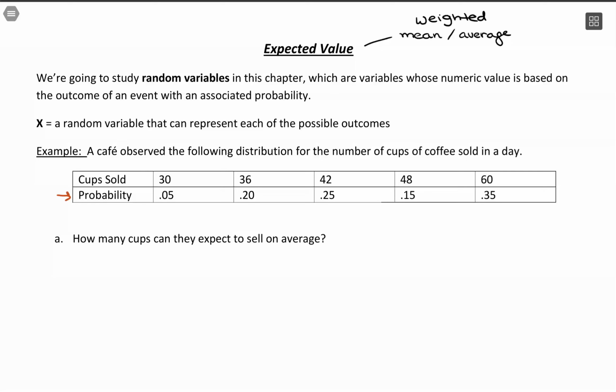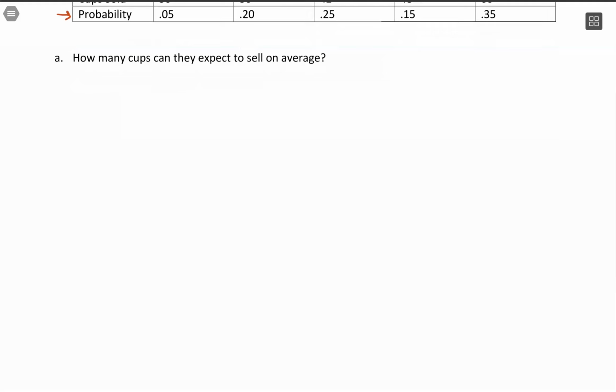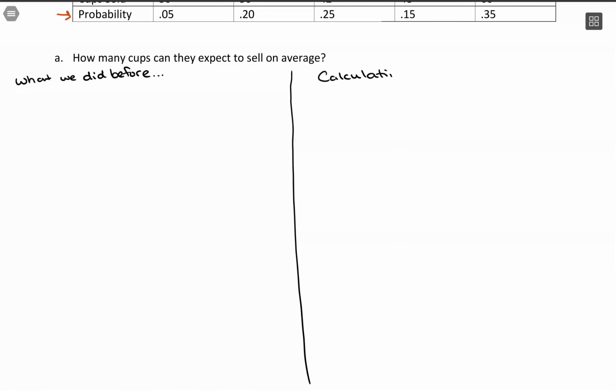So let's look at a comparison of what we usually did to take an average and how it's going to change in this section. I'm just going to cut this in half of what we did before, and then over on this right hand side I'll put what we want to do now, which is calculate expected value for discrete random variables.